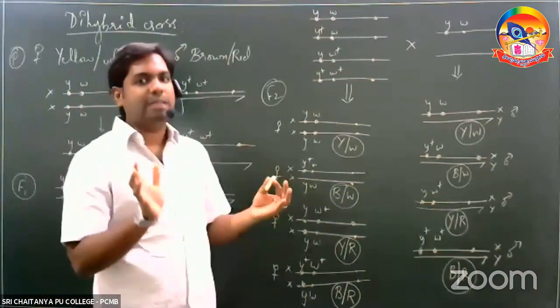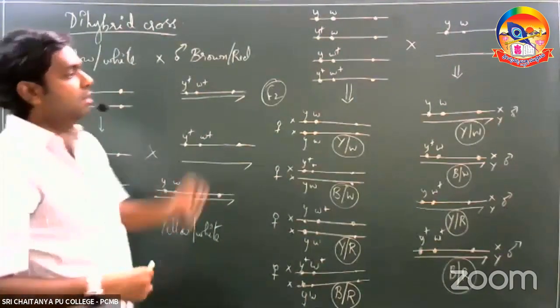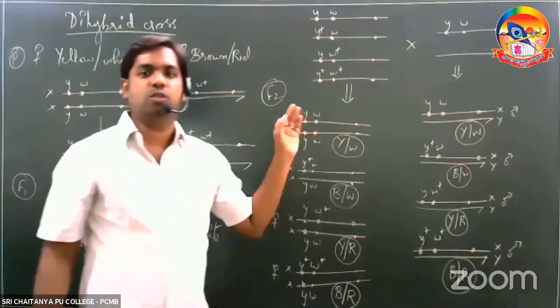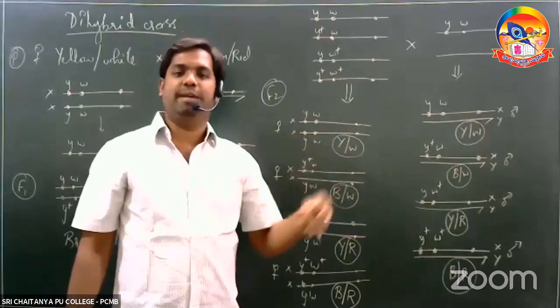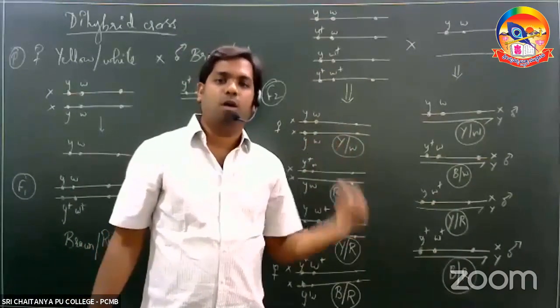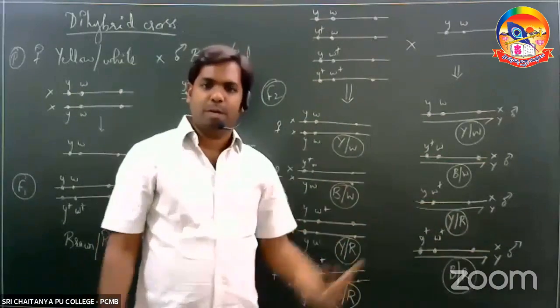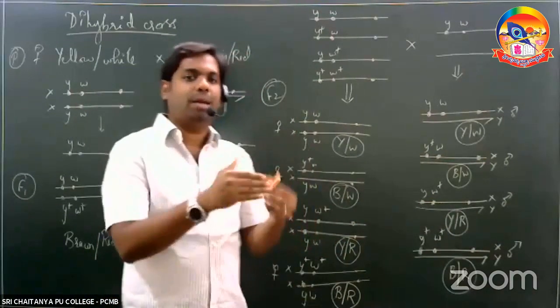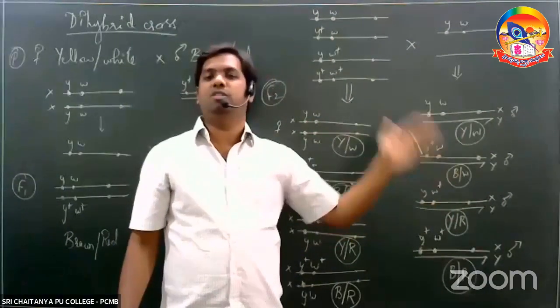What Morgan said is, after completing this experiment, the number of offsprings formed which resembled the parents was much, much higher than the number of offsprings which were recombinants. So the number of parental type offsprings was much higher than the recombinants that were formed.